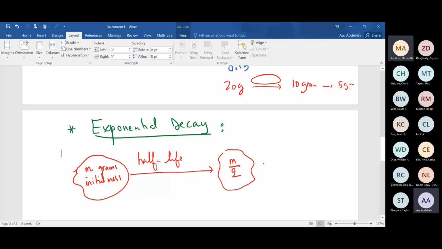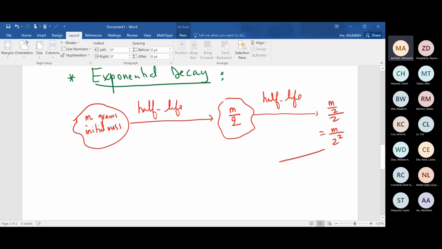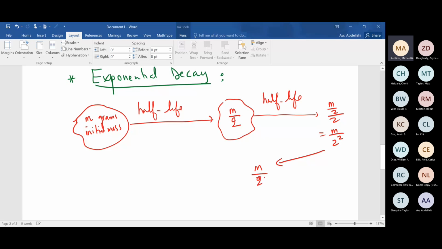Right? After another half-life, this one is also divided by 2. It's going to be M over 2 over 2, which is M over 2 squared, right? After another half-life, it becomes M over 2 cubed, and after another half-life, M over 2 to the fourth, and so on.